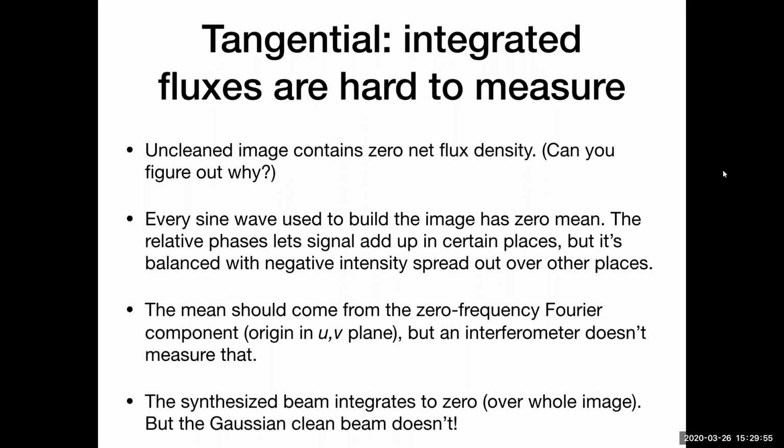So U equals 0, V equals 0, which is a baseline of length 0, which we don't actually measure normally, because the idea of a baseline of length 0 is a little problematic in some ways. And so what we're basically losing there is the information on any mean signal across the sky.